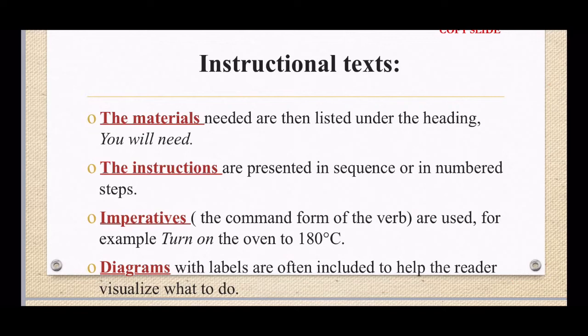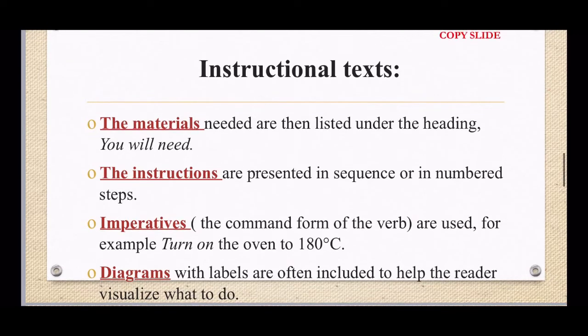And then lastly, we usually have diagrams with labels, often included to help the reader visualize what to do. Diagrams are little pictures given with the instructions, just to give you a visual of how it's supposed to look while you're doing that specific step. Also, you need to copy down this slide as well.